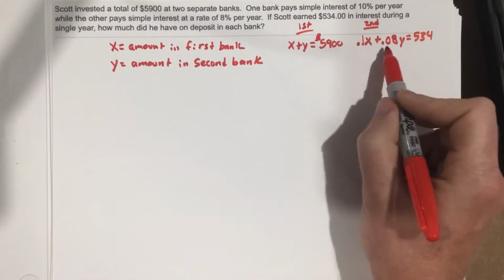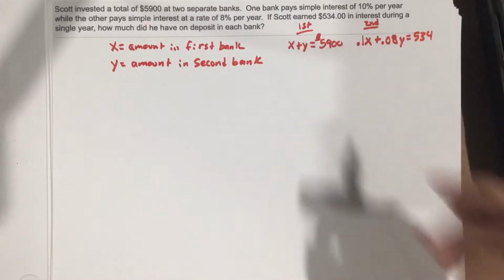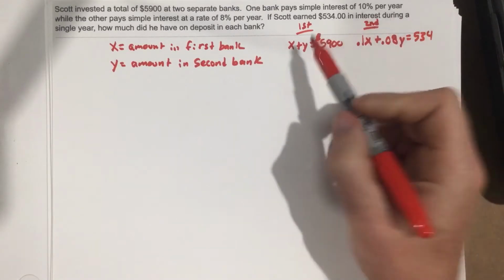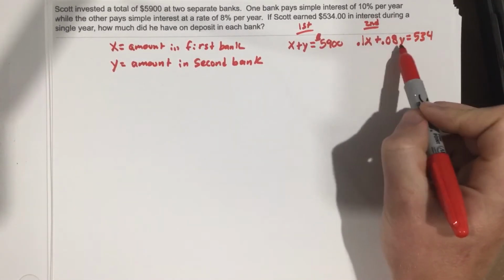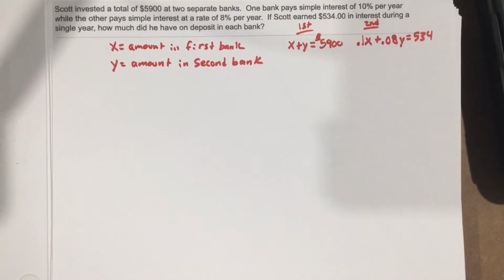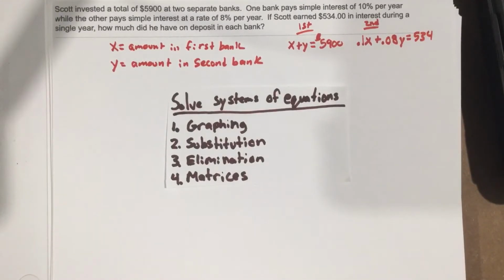So now I have 2 equations that represent this problem. Both equations have X and Y in each. So I can either use graphing, substitution, elimination, or matrices to solve this.